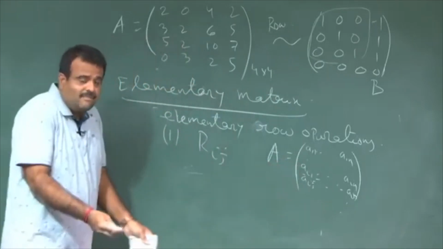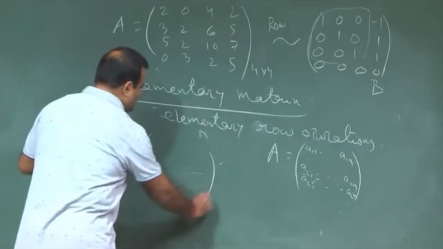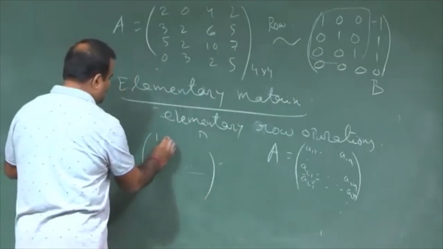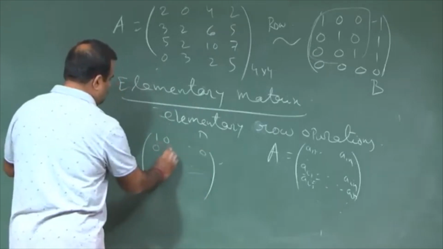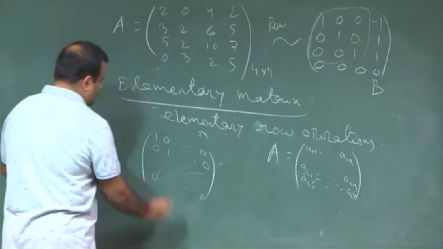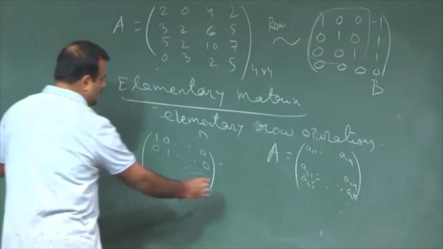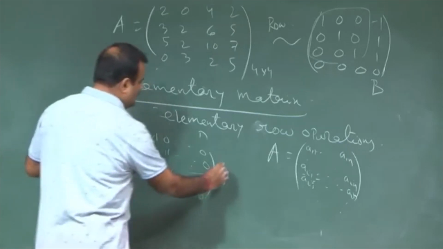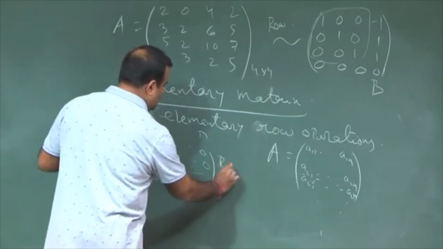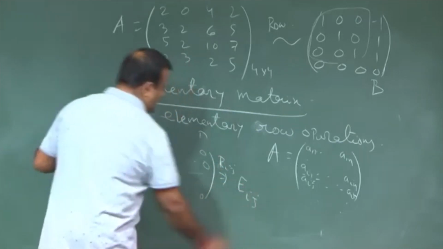Now, this is same as if we have the corresponding identity matrix, 1 0 0, 0 1 0, like this. So, for ith and jth, we are doing the same operation on this. So, R_ij. This is denoted by E_ij.